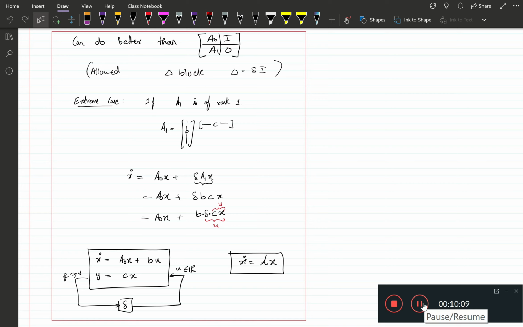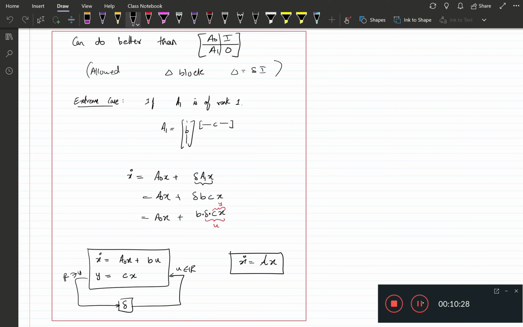So let's see how we can do better than what we just did in our naive approach. We just said that our system on the top is A0, I, A1 and 0.